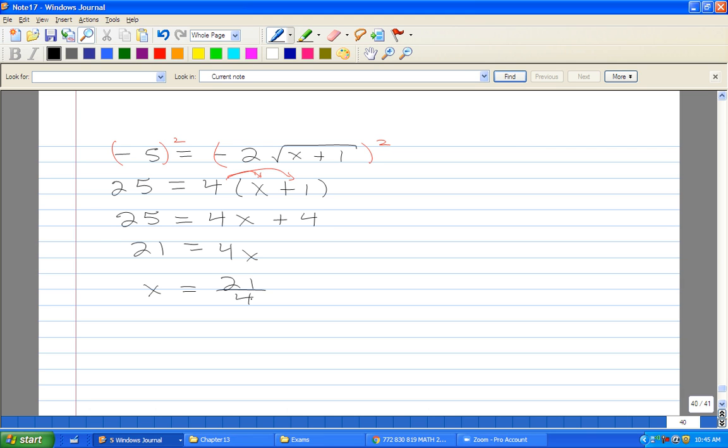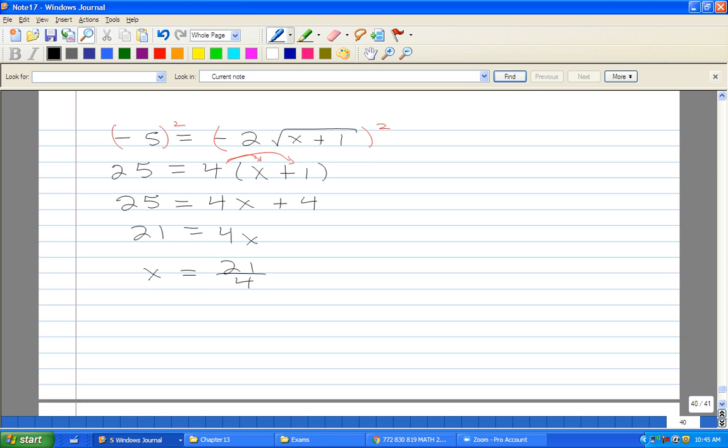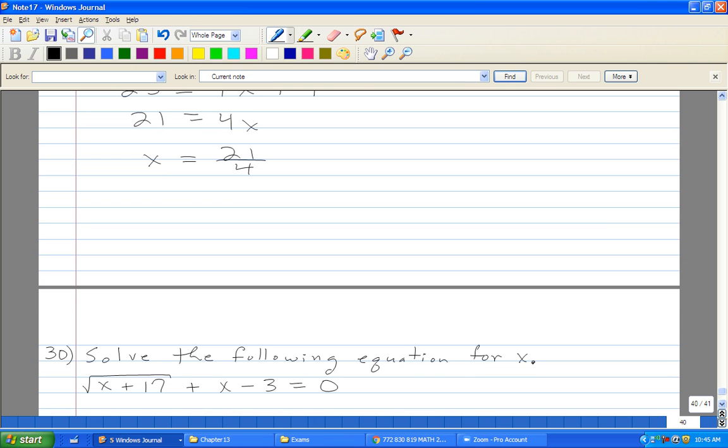And now let's check that this works. Remember, you must always check your solution whenever you are looking at a radical equation where the index is even. This involves square roots, so obviously the index is even.